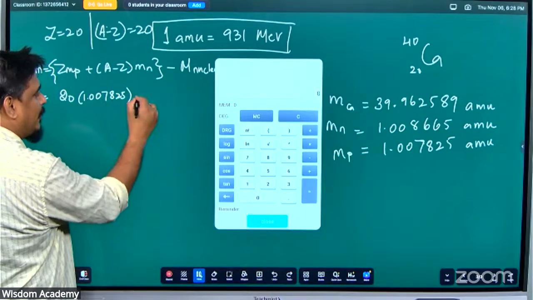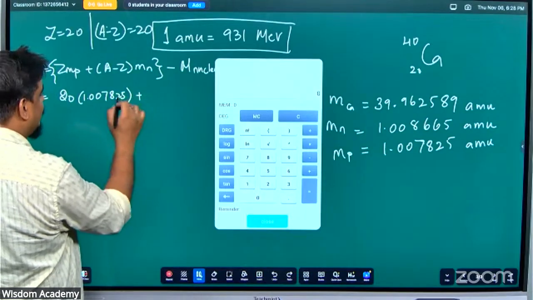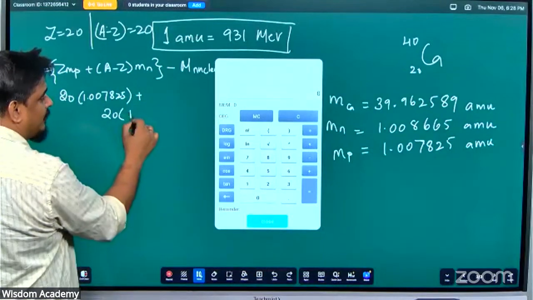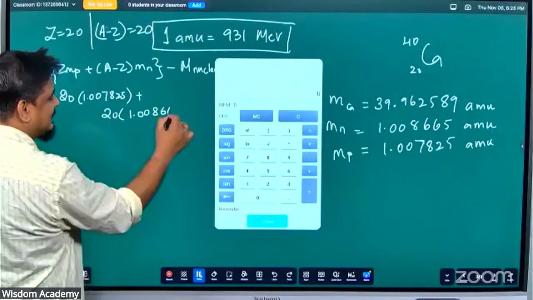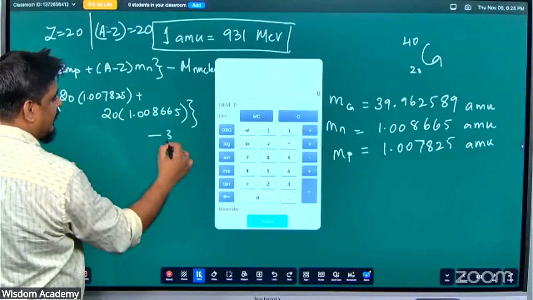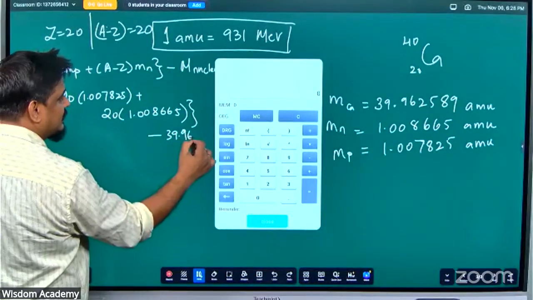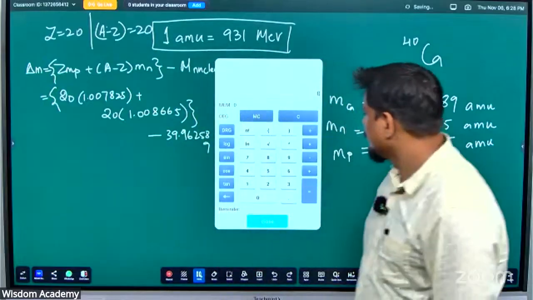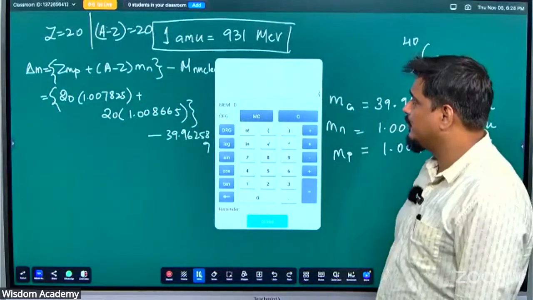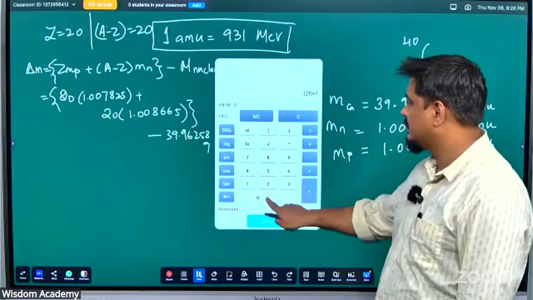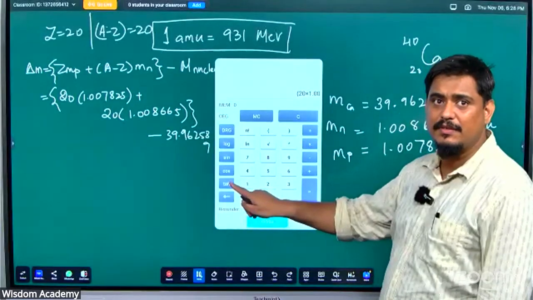If you try to approximate anything, you will not get the answer here. Don't forget that. A minus Z will once again be 20 into 1.008665. And then from this, you have to subtract 39.962589. Let me do it using the calculator. So first I will multiply 20 into 1.007825.